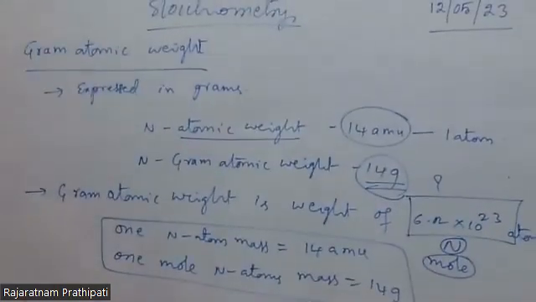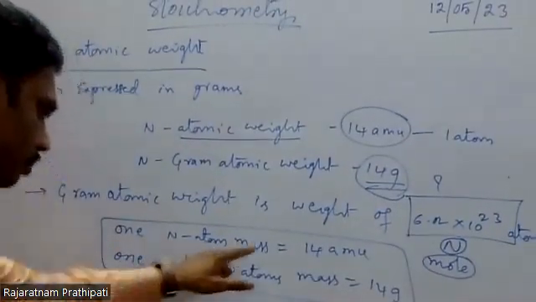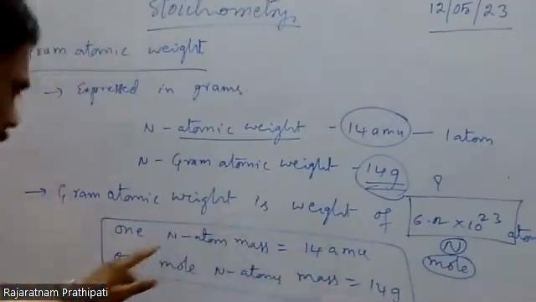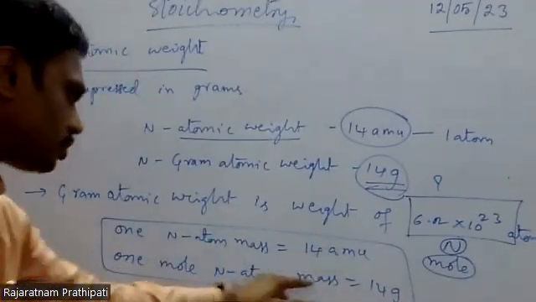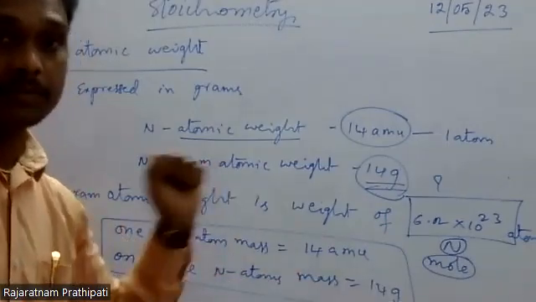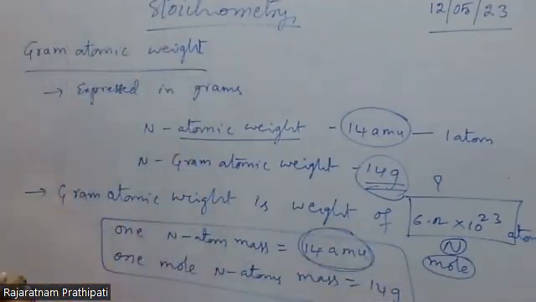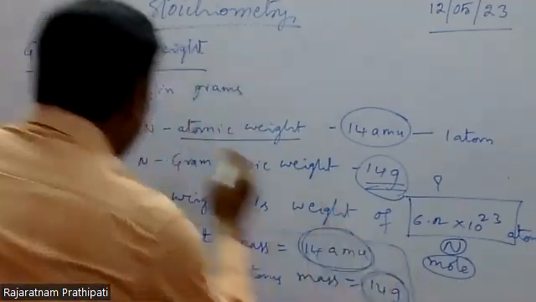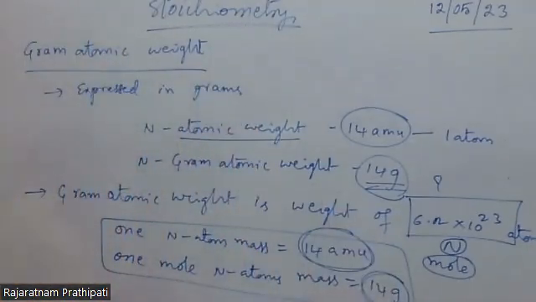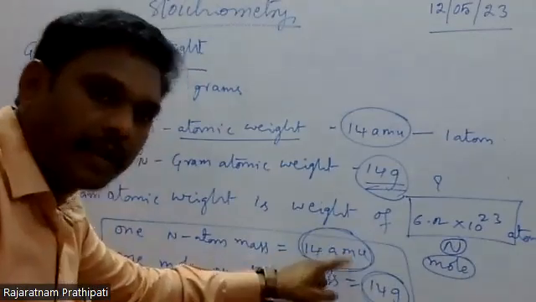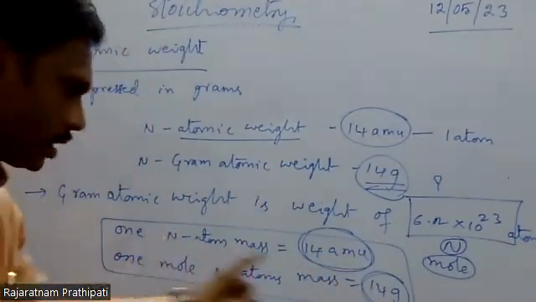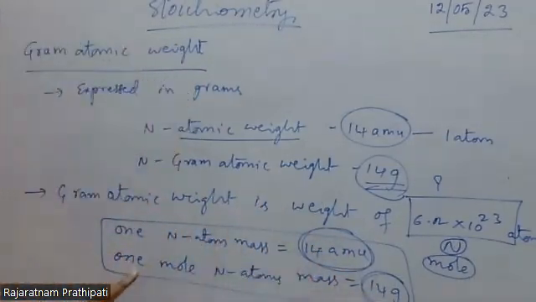Is it clear? 1 nitrogen atom's mass is 14 AMU. 1 mole of nitrogen atoms' mass is 14 grams. This is atomic weight, and this is gram atomic weight. Atomic weight contains 1 atom. Gram atomic weight contains 1 mole of atoms. Is it clear?